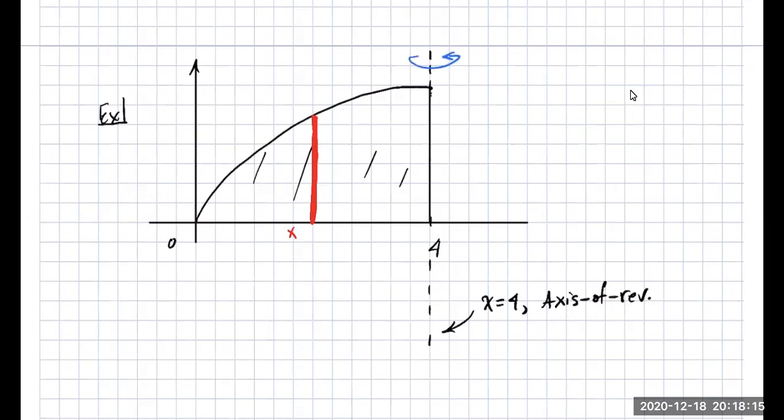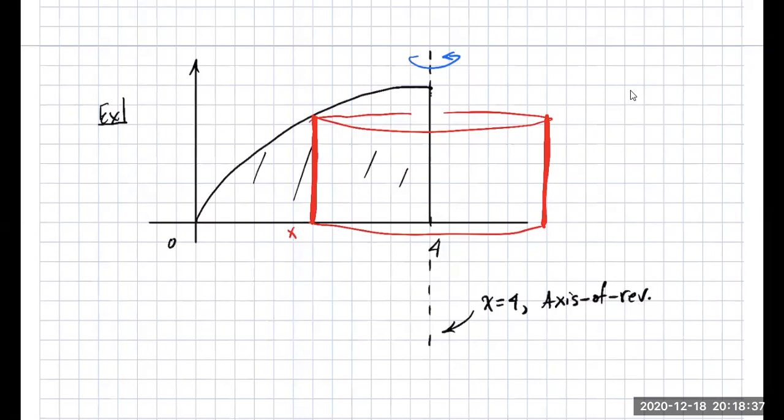What would the red rectangle look like? Take that differential rectangle, gang, and sweep it around the axis. Here's what it sweeps out. It sweeps out one of those very, very thin cylindrical shells.